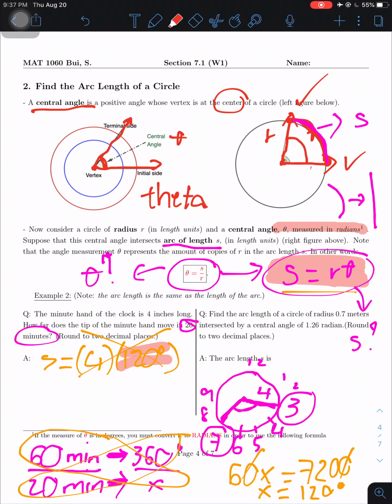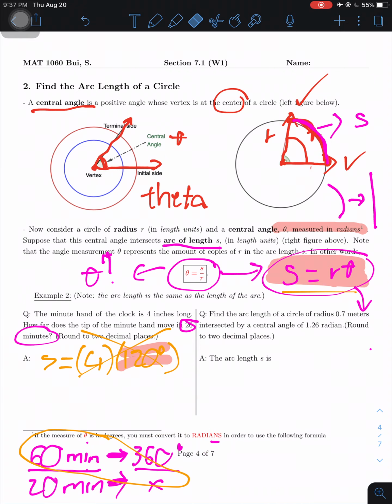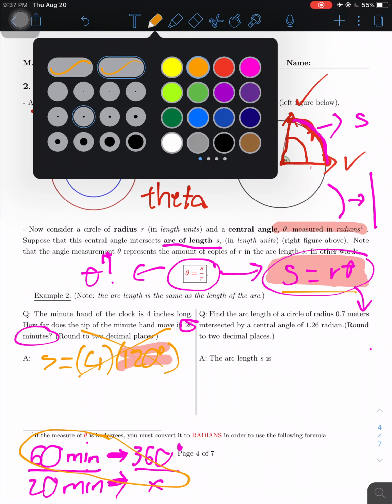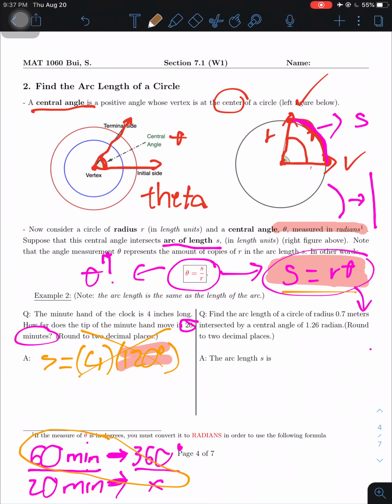Okay, let me delete some steps in here so that I have space for more steps. Alright. Okay, let me put in another color because this is another part. Okay, to convert from 120 degrees to radians, let's recall the fact, okay, we don't know what it is, so let's just put it as x.